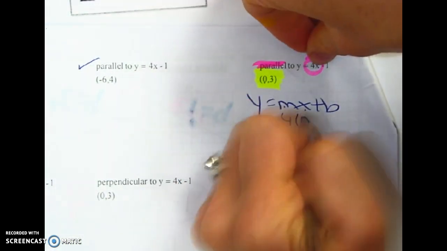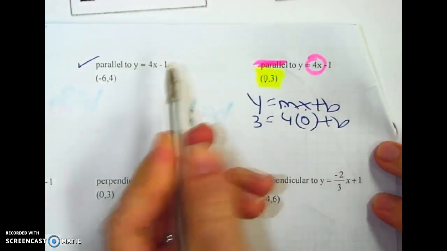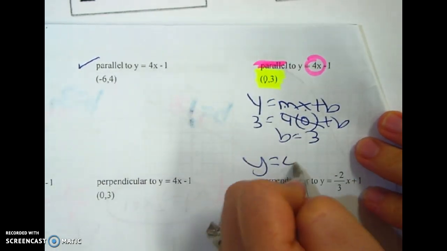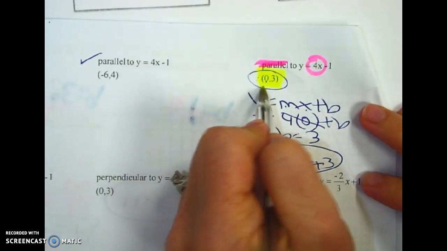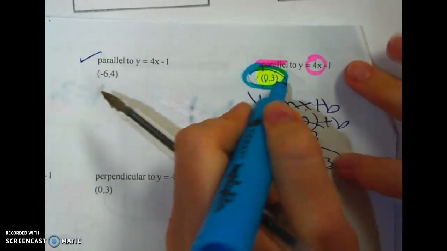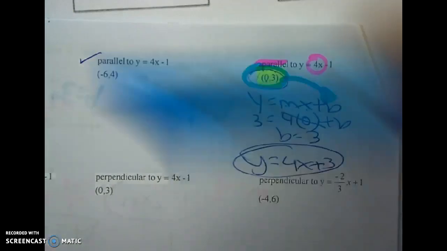Plug 4 into m. Plug 3 into y. And find b. Anything times 0 is 0. My b is 3. Y equals 4x plus 3. Some of you might have seen that when there's a 0, it automatically means it's your y-intercept. So you could have gone, hey, 0, 3, that is your b. Because of the 0. Okay.